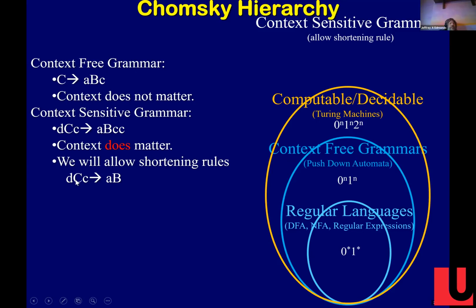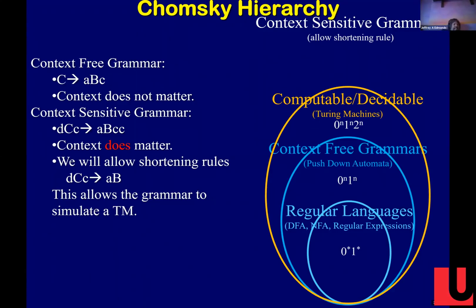So you'll have rules that say if you have a D and a C on either side, then you can convert something. And if you don't have D's and C's on either side, then maybe you can't convert it. I have slides that do exciting things about context-sensitive grammars, but we're going to cut it all out. Here I just want you to know the context-freeness comes from how I convert this B, how I convert this C doesn't have anything to do with the context that the C is in.